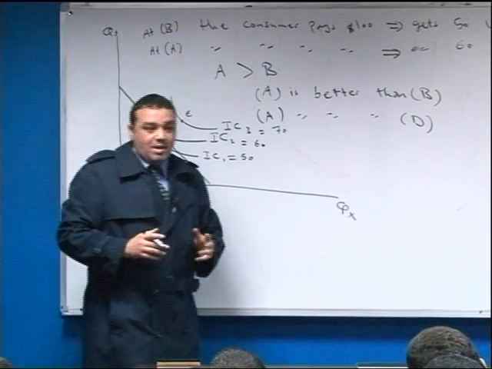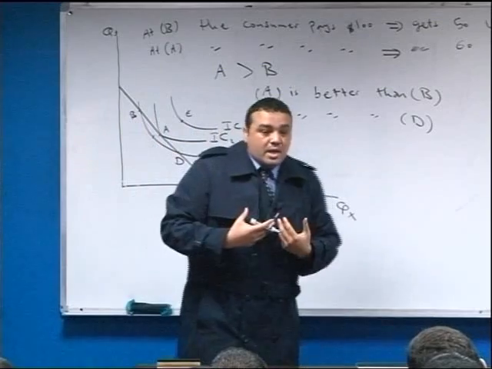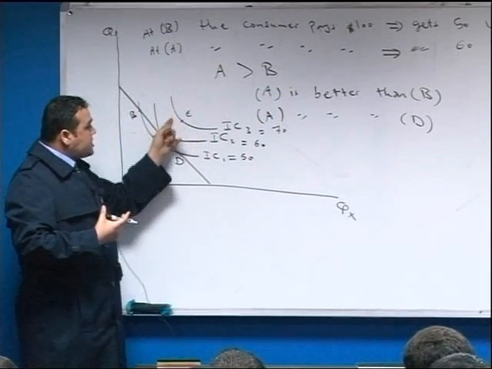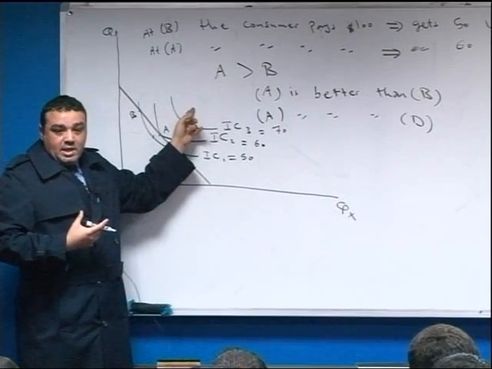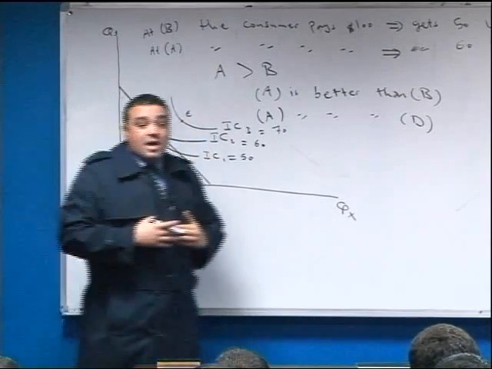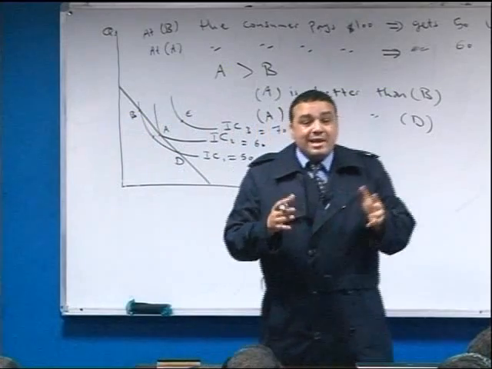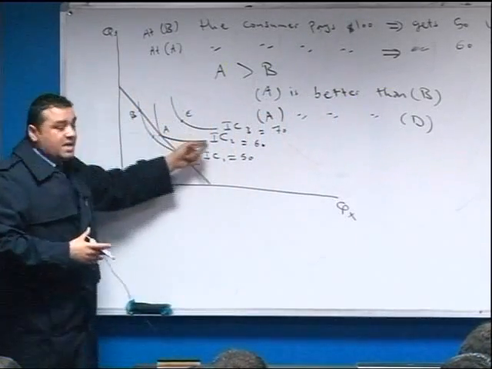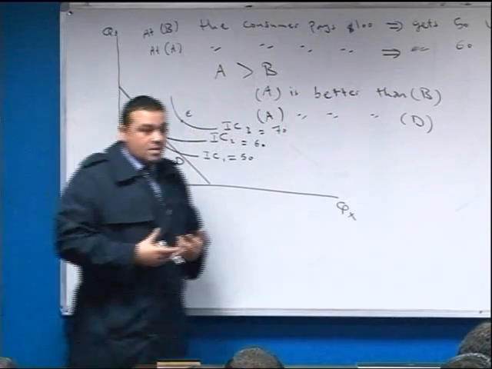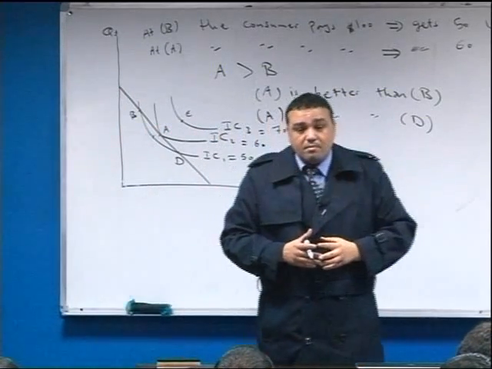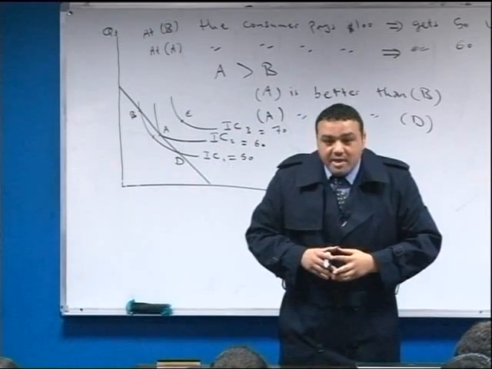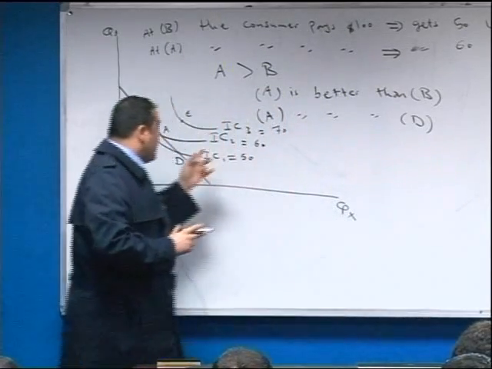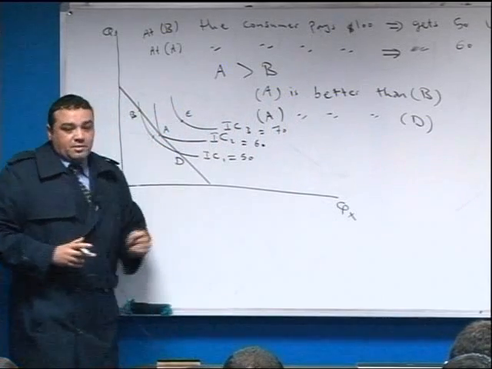Yes, excellent, Muhammad, because the consumer desires to reach point E, but he cannot reach it as a result of the limited income. If his income increased, yes, it's easy to reach it. If the prices of X and Y declined, it's easy to get this point.